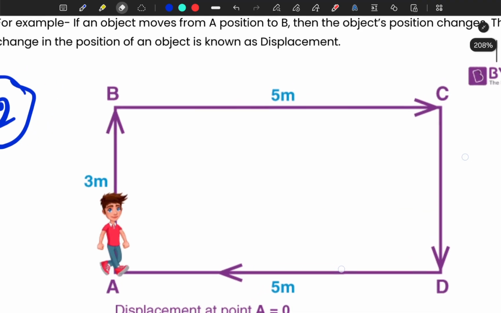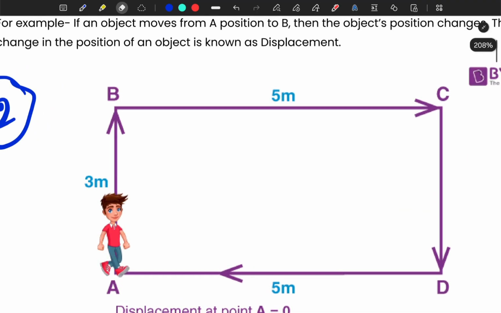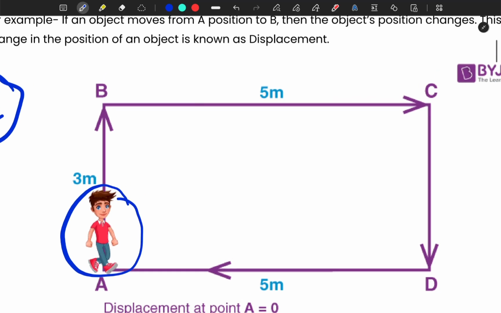Now this person is different from the previous case. Now this person is coming back to the same point after traveling a distance. Now you can use your knowledge and think what is the distance and what is the displacement. Pause the video and think a little bit about what the distance and the displacement would be.